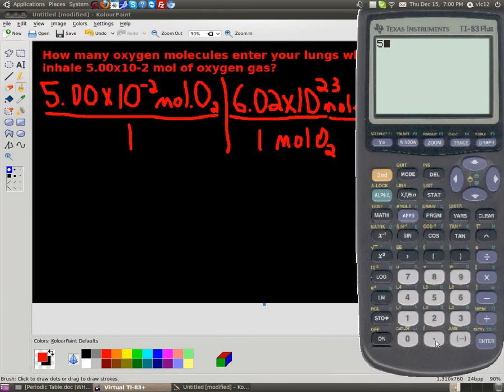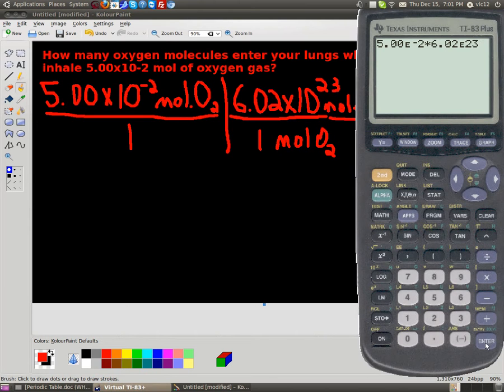And punch in 5.00 times 10. So you hit second, comma, that gives you the shrunken down E, which means times 10, and then you just type in -2. Okay, times, now what's the other number up here? Avogadro's constant, right? So 6.02 times 10, so second comma, times 10 to the 23rd.